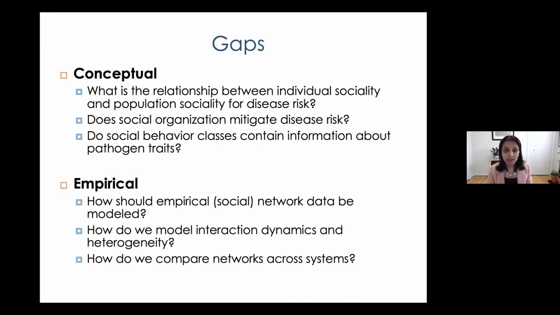Empirically as well, there's a lot of work to be done to better integrate empirical data with theory and to also be able to compare across systems. So, of course, so many of these, both conceptual and empirical questions, can be addressed in humans, but really to be able to look at this beyond one single type of social system that humans represent, we really do need a broader perspective.